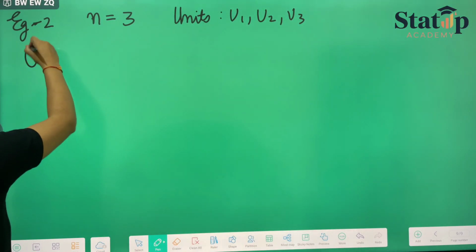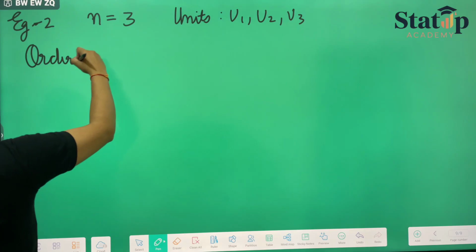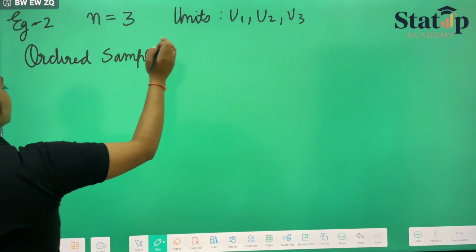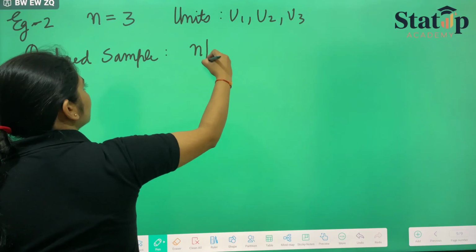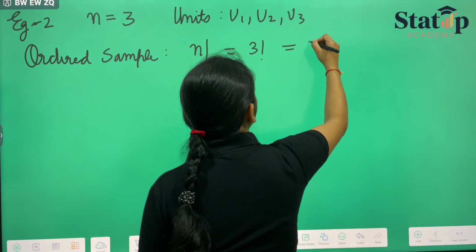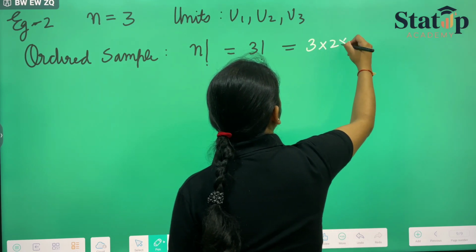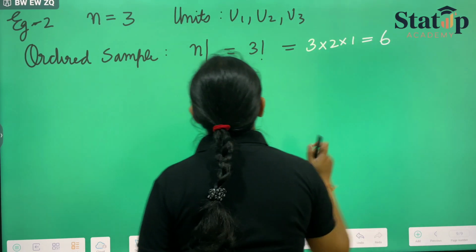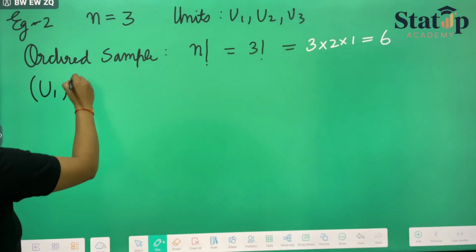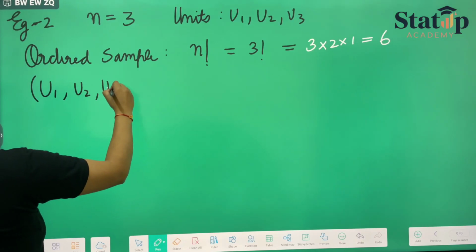So first of all, the ordered samples number n factorial, which is 3 factorial, and 3 factorial is 3 into 2 into 1, which is 6. So 6 samples would be drawn in order. First we draw U1, then U2, then U3.